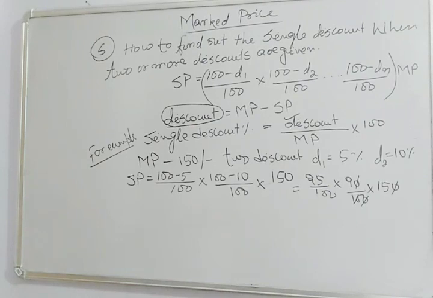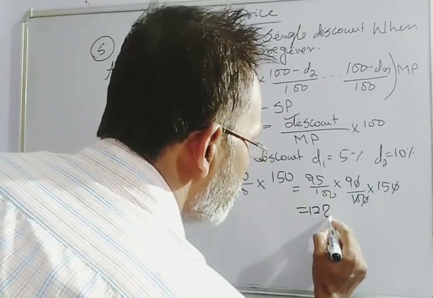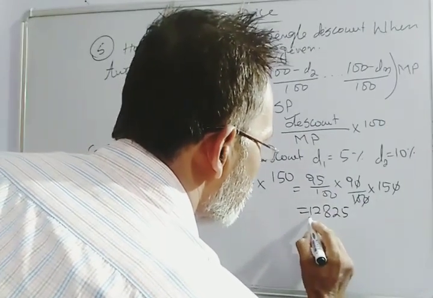So that will be equal to 15 into 9 into 95, that is equal to 12825, that is equal to 12825 by 100.